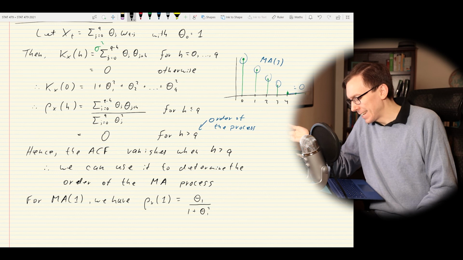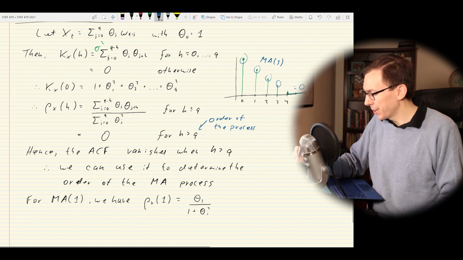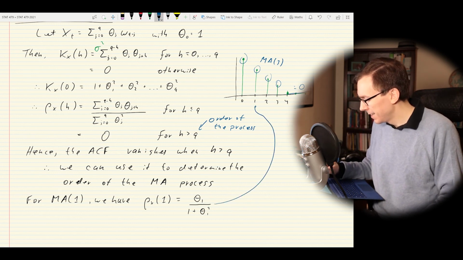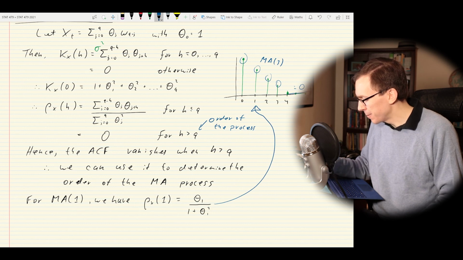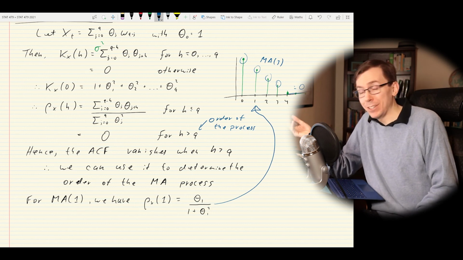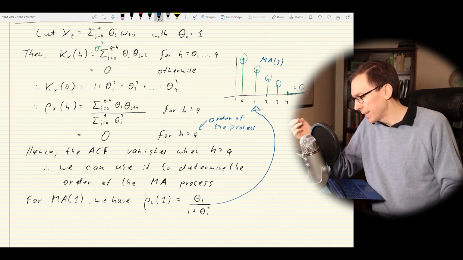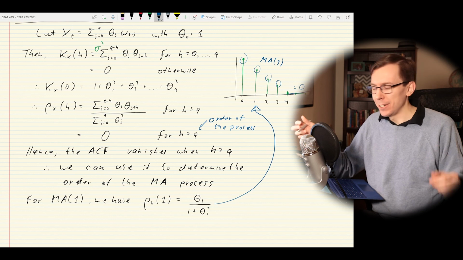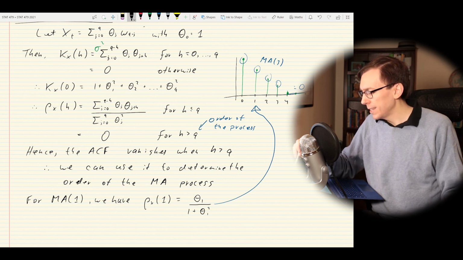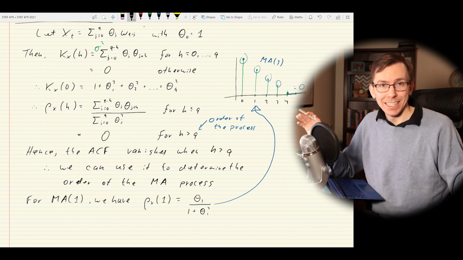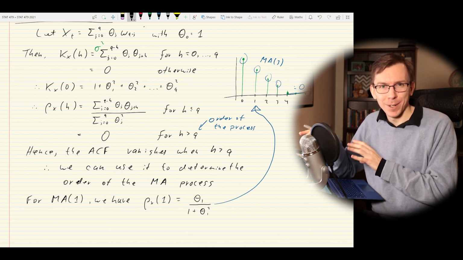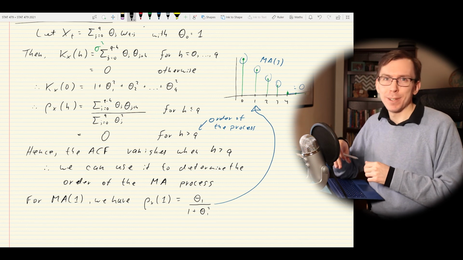So you can kind of figure out from that what this value should be in the case of an MA1. If you even have an MA2 or an MA3, you can explicitly write down what the autocorrelation will be in terms of all of those, at all of those lags. And if you really wanted to, you could use it to try to sort out what the thetas look like. But we're actually going to be doing estimation later, so that's not exactly what we want to be thinking about now. In the next section, we'll be doing estimation.